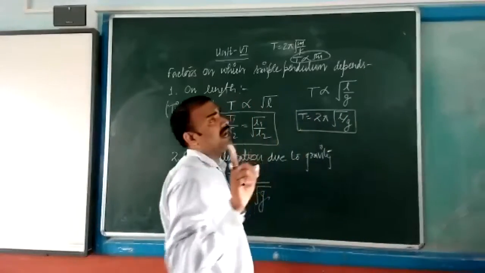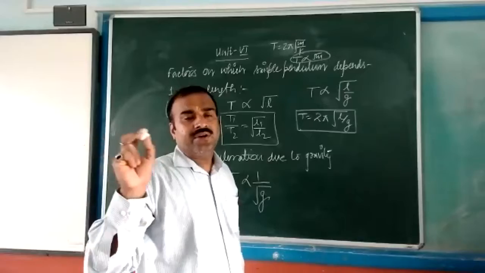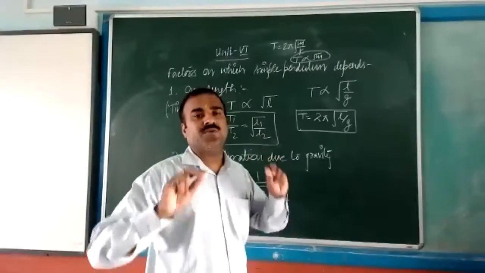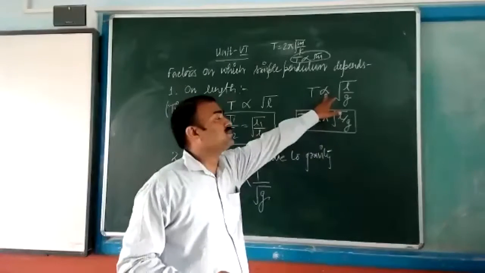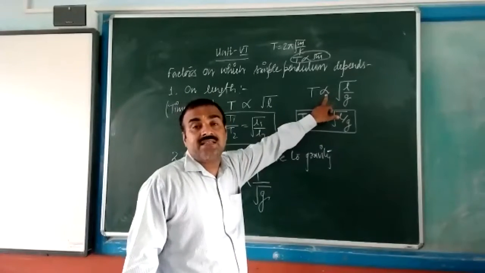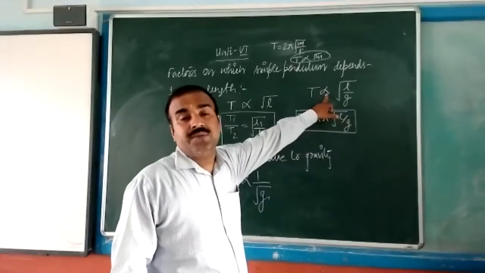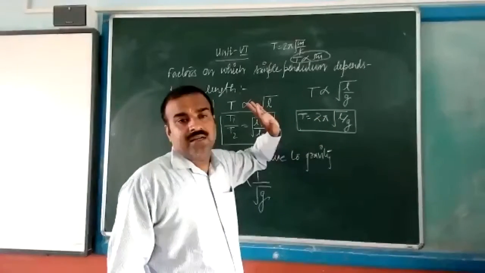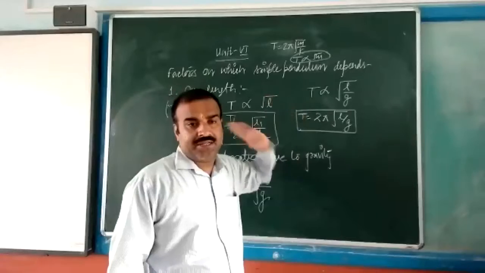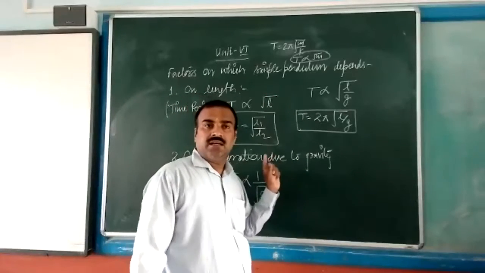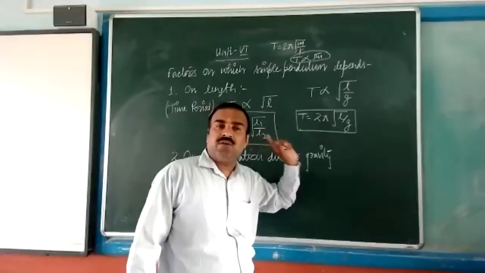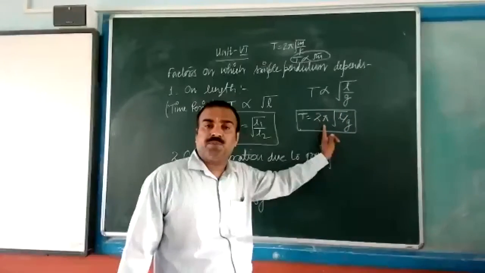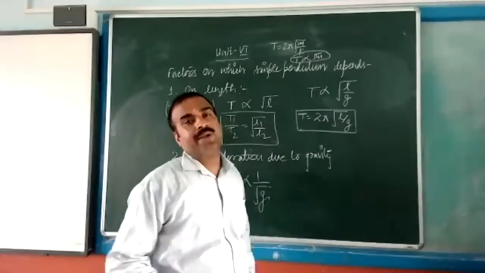Keep this in your mind, not only in this class, in higher class also: whenever we are going to remove this proportional sign, we have to apply the proportional constant. And here I have applied 2 pi.